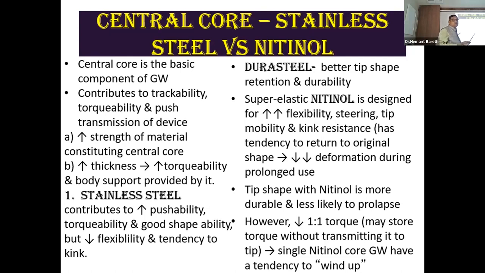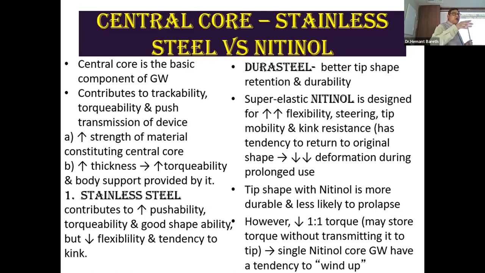So if you have to do multi-vessel procedures, then probably nitinol is not a very good idea. You have to have some stainless steel, because stainless steel you can bend back, then bend again, then bend back. But nitinol, once you bend it, is very difficult to bend back. It is durable, but less likely to prolapse, and 1:1 transmission is also less with nitinol.